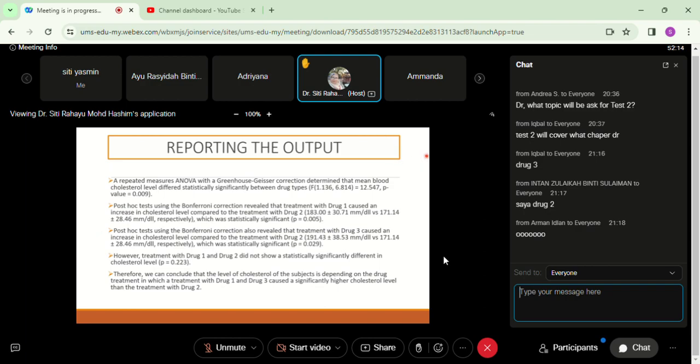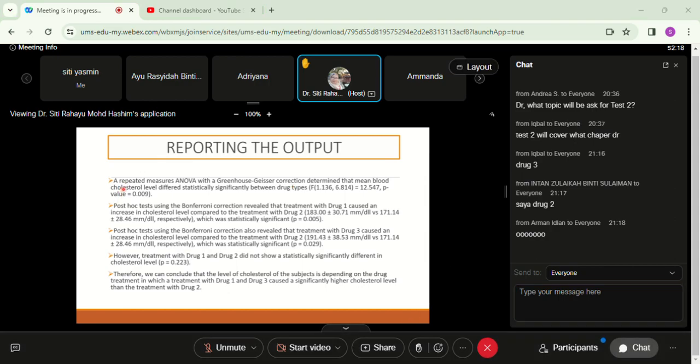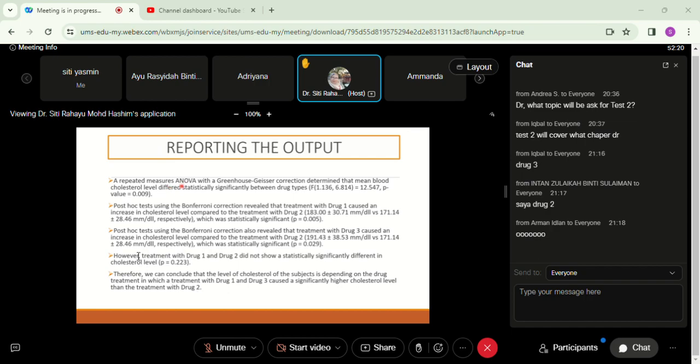Cuba tengok betul-betul. The first one, I mentioned here, a repeated measures ANOVA with a Greenhouse-Geisser correction. Why? Because we have sphericity problem. Okay. Determine that mean blood cholesterol level differed statistically significantly between drug types.